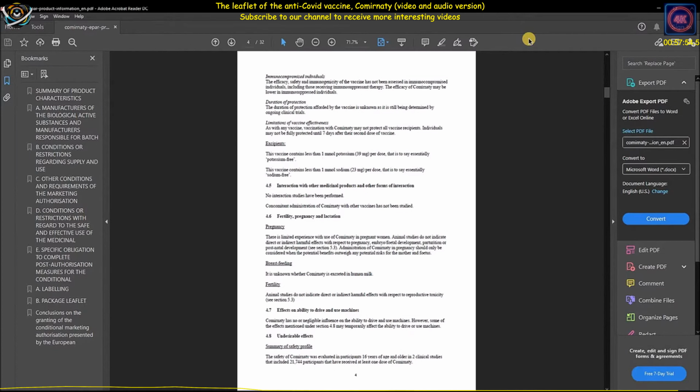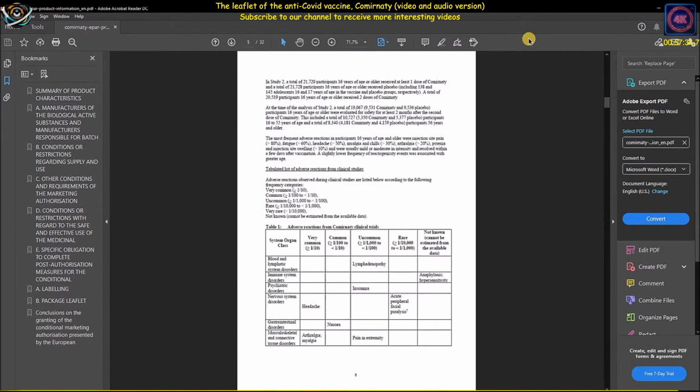4.8 Undesirable effects. Summary of safety profile. The safety of Comirnaty was evaluated in participants 16 years of age and older in 2 clinical studies that included 21,744 participants that have received at least 1 dose of Comirnaty.